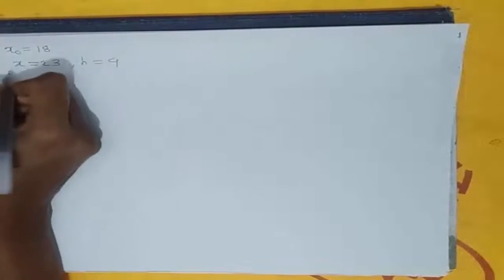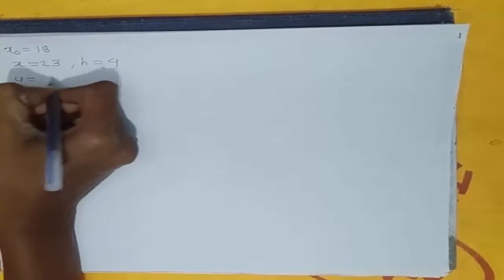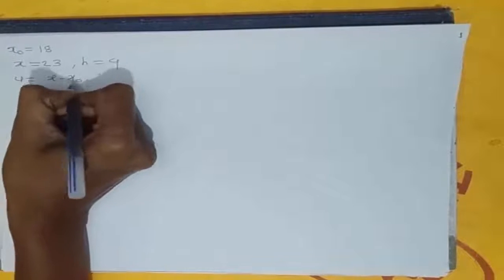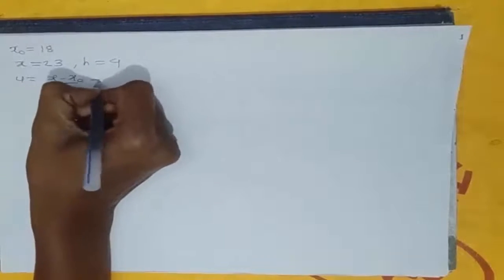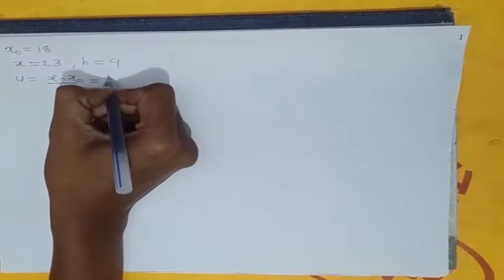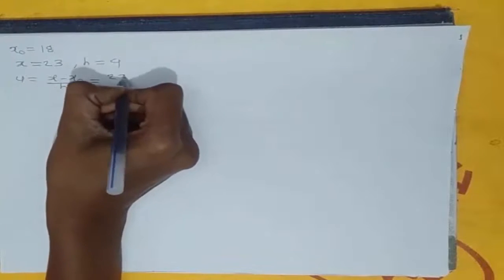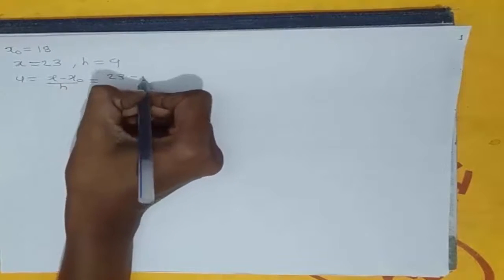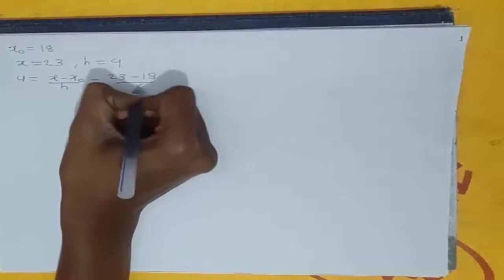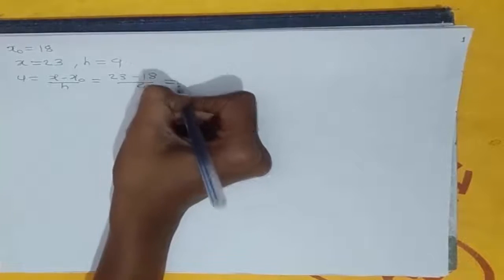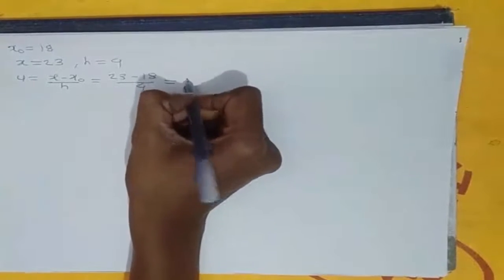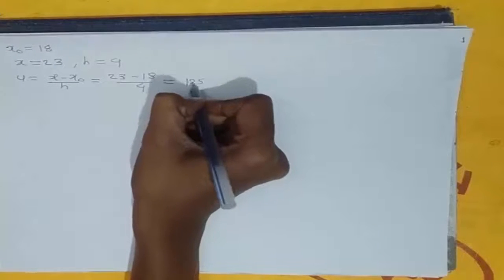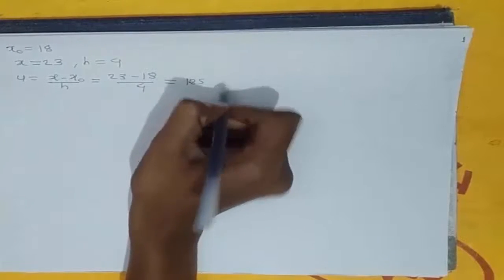First we find u, that is x minus x0 divided by h, which is 23 minus 18 divided by 4. So u is 1.25.